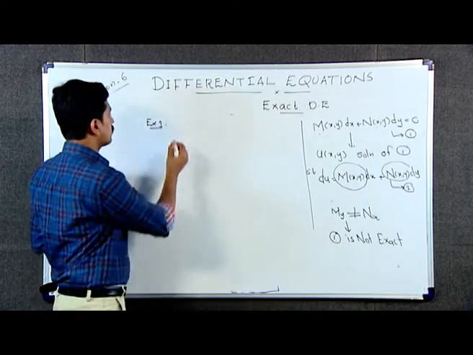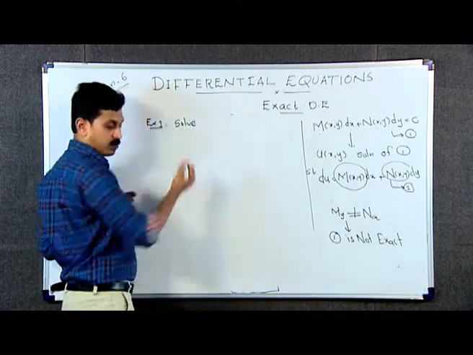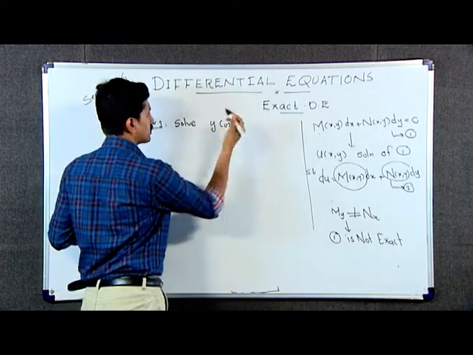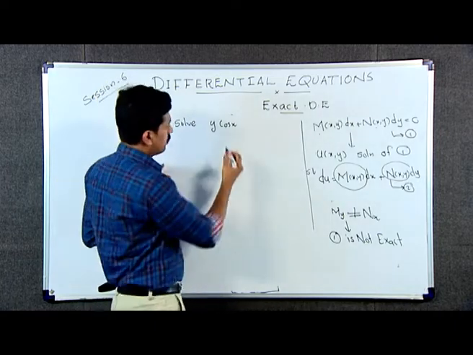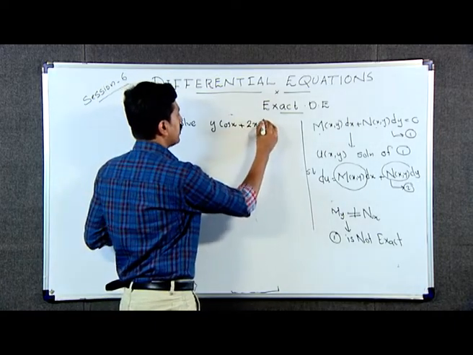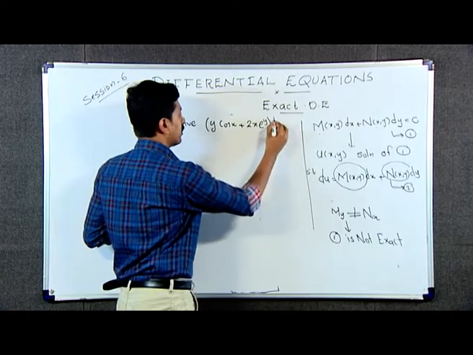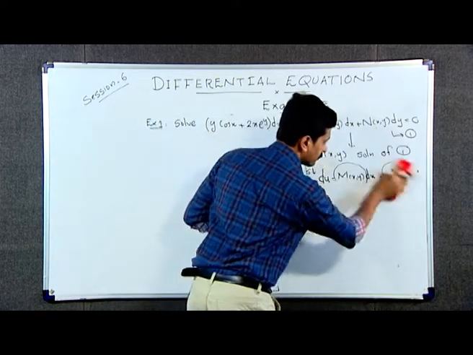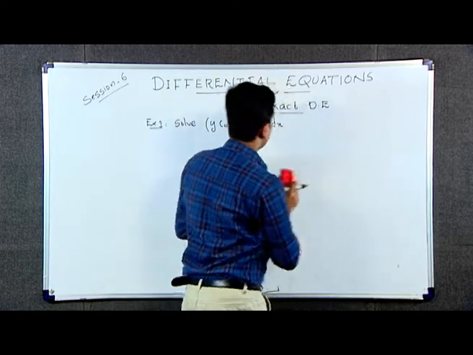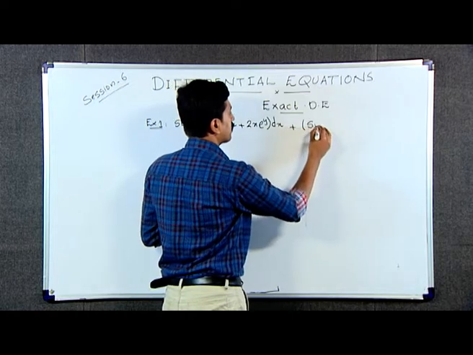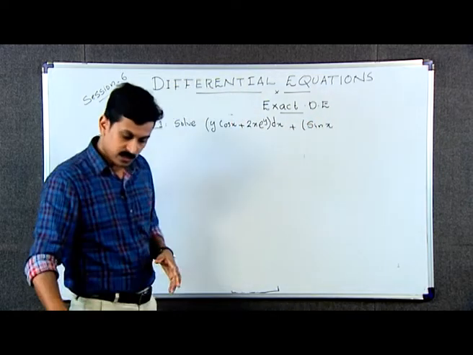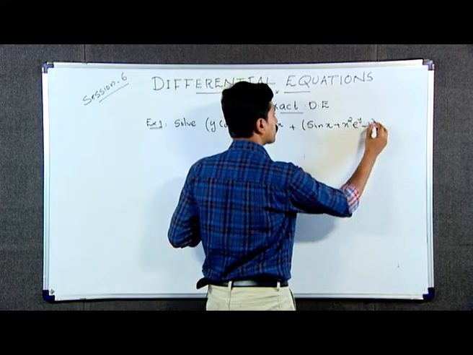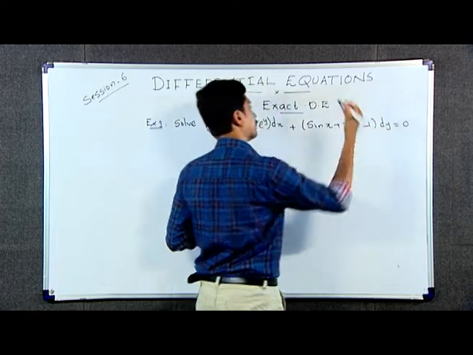Solve (y cos x plus 2x e^y) dx plus (sin x plus x² e^y minus 1) dy is equal to 0.